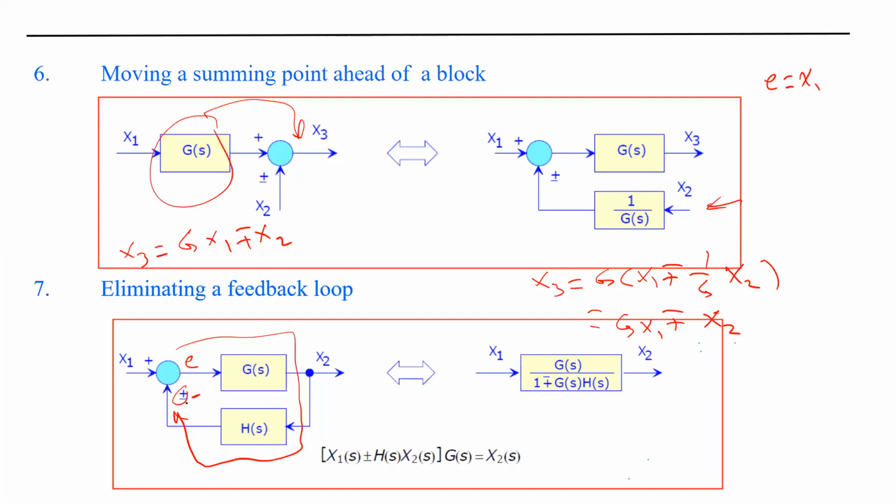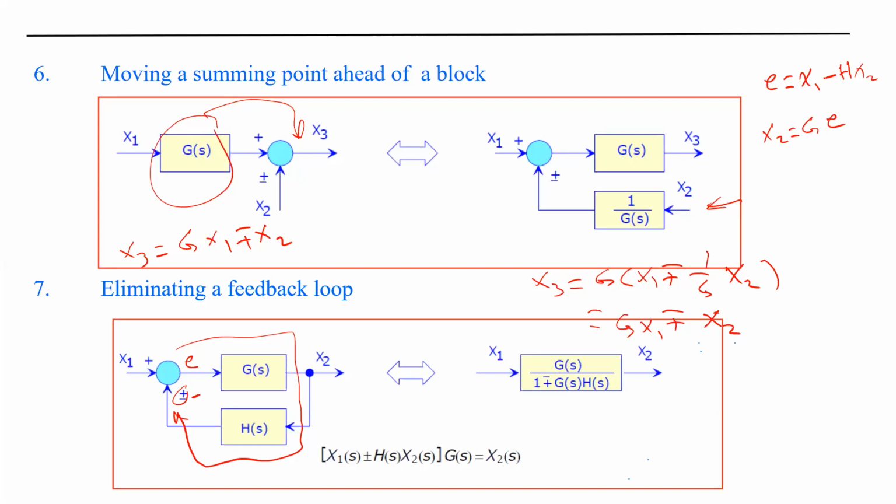Let's take only minus this time. Okay, minus. So it's x1 minus x2 H. Now, what's x2 in terms of E? E multiplied by G. G multiplied by E.